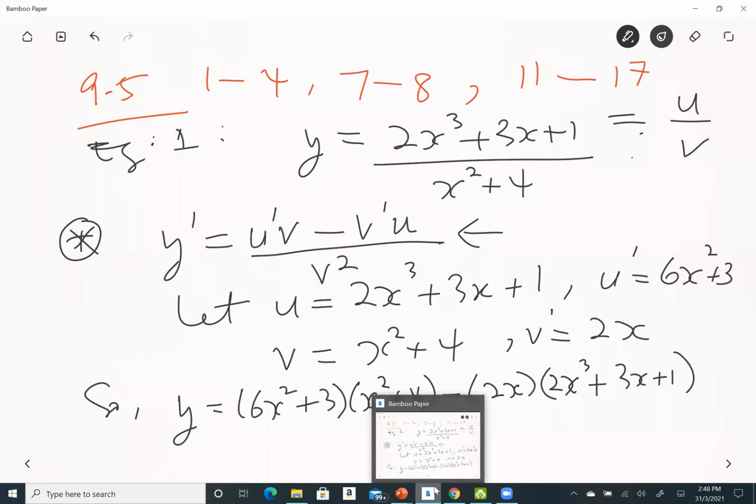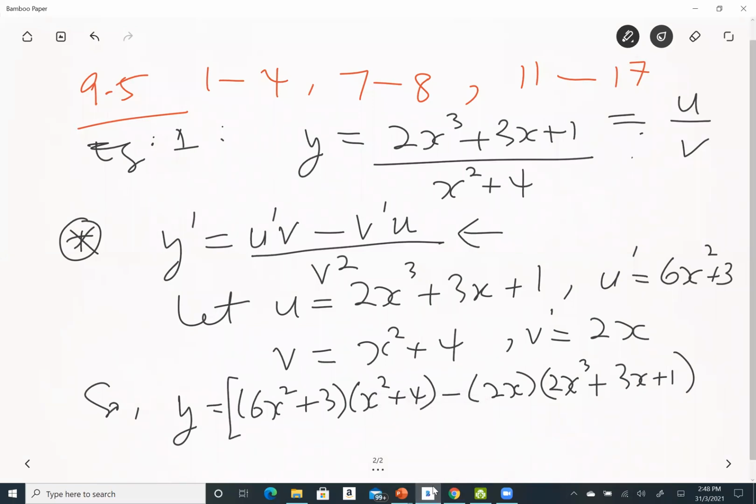Now, since this is very long, sometimes it's not convenient to draw a very long line. So you put a big bracket and then just write it like that. You don't have to put a long line to divide the terms.